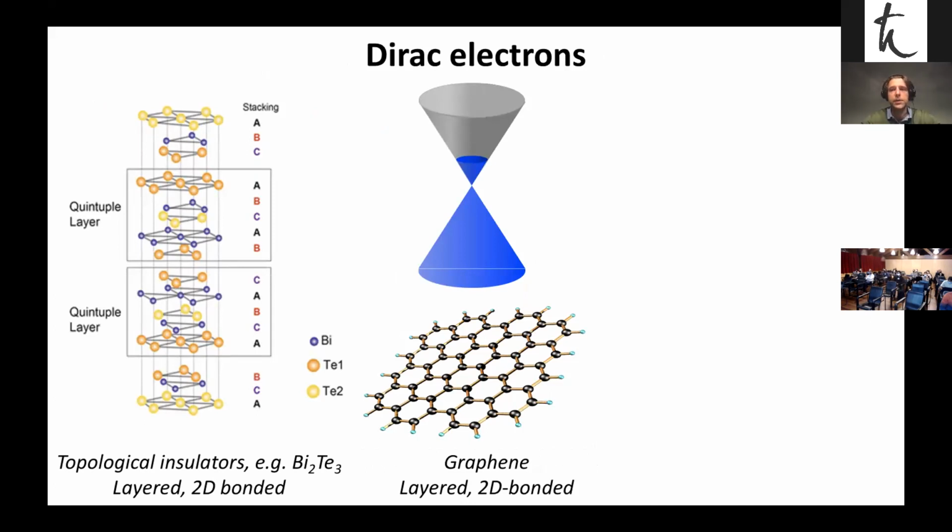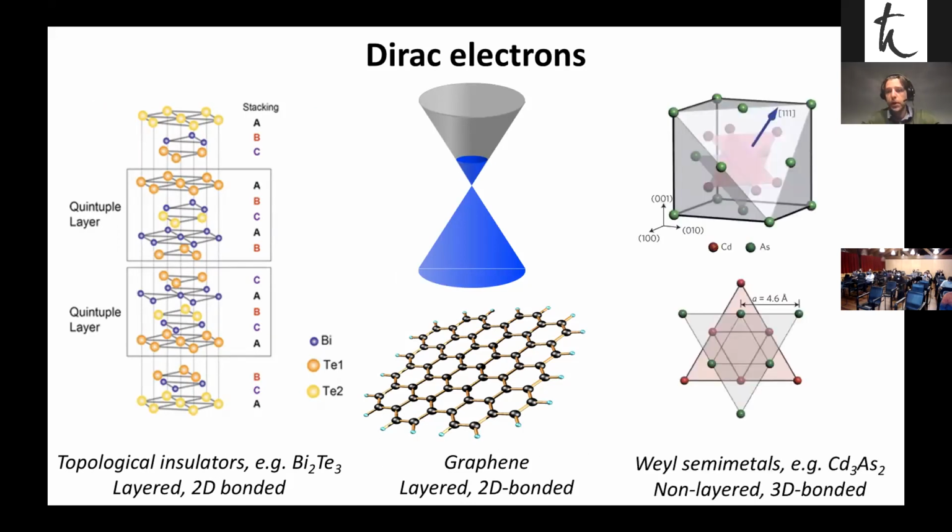And these materials have a small band gap, and within the band gap, there are surface states with linear dispersion relation. Now, there's also 3D bonded materials, such as cadmium arsenide, which are Weyl semi-metals. They're 3D bonded, non-layered materials, but they also have certain situations where you get linear dispersion relations.